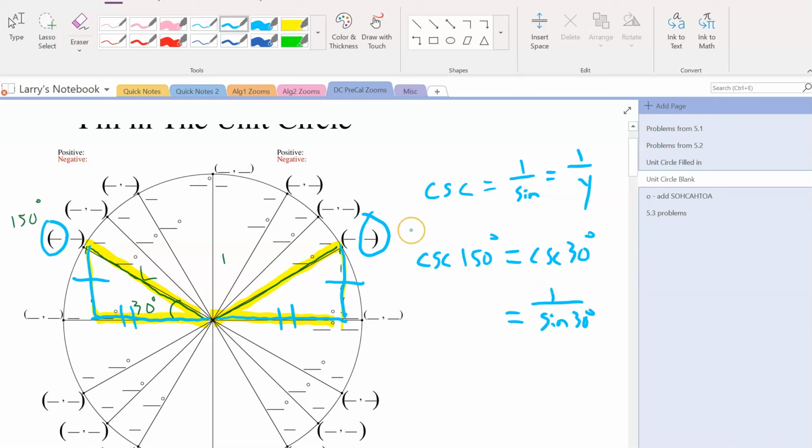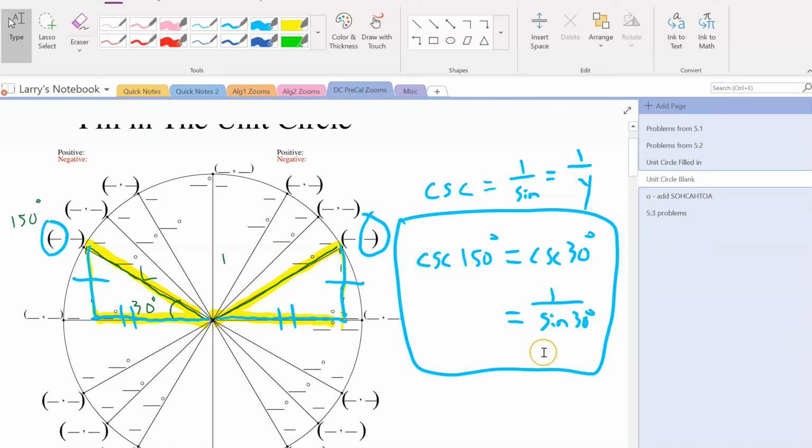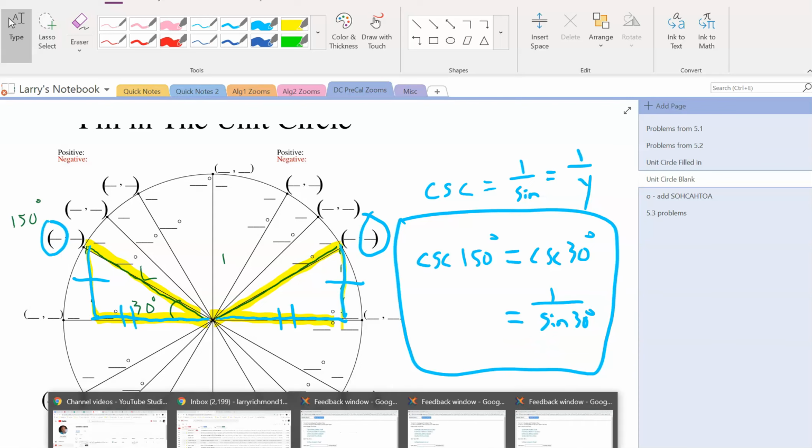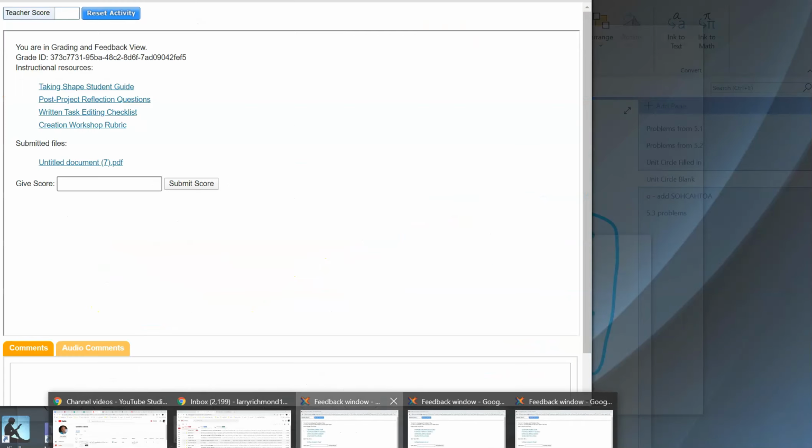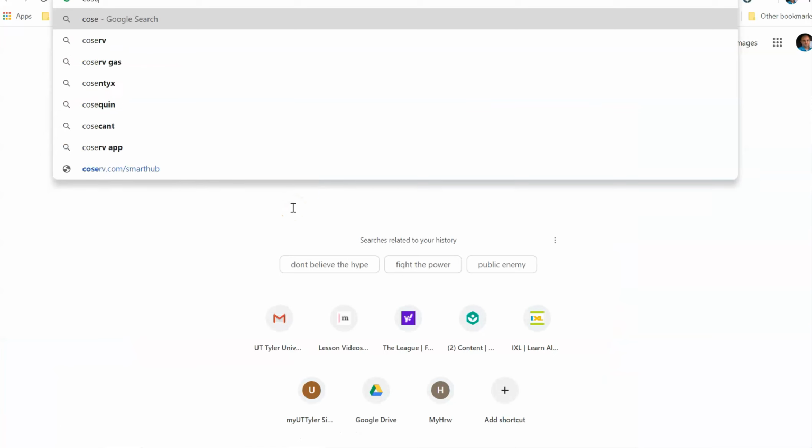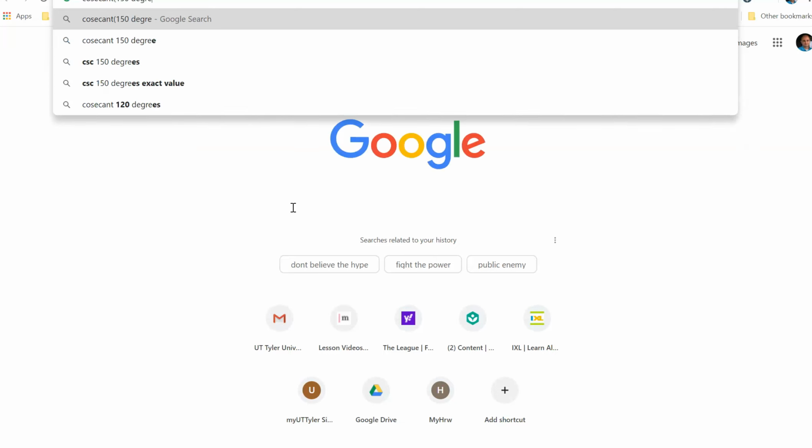And I'm going to use a grapher or just our calculator to assess this. Cosecant of 150 degrees. It's going to be 2.